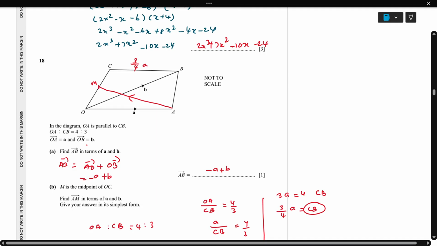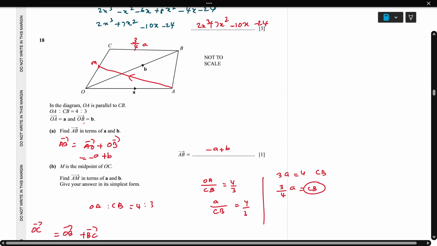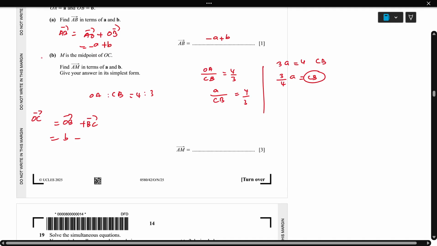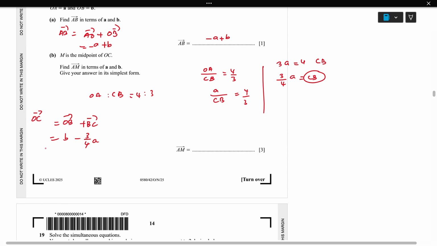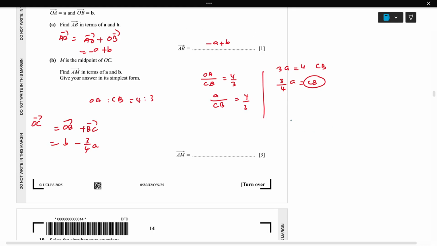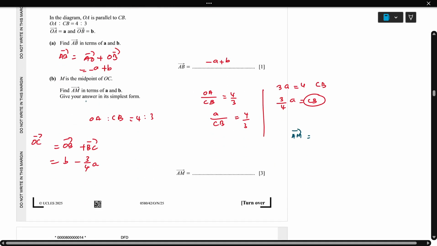OB is B, then BC is going to be negative because it is the opposite direction of CB, so minus 3/4 of A. Okay. Now I'll go for AM. We need to find AM. So AM is A to M, so AO plus OM.